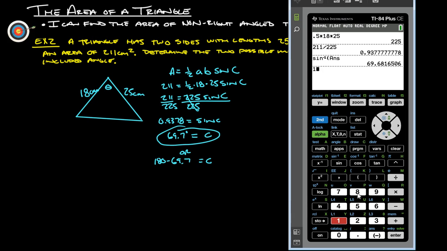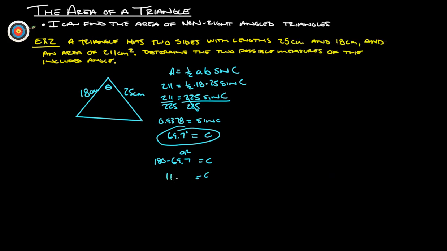So 180 minus 69.7 would give us 110.3 degrees. Okay, so those would be the two possible angle measures that would work for this triangle here.